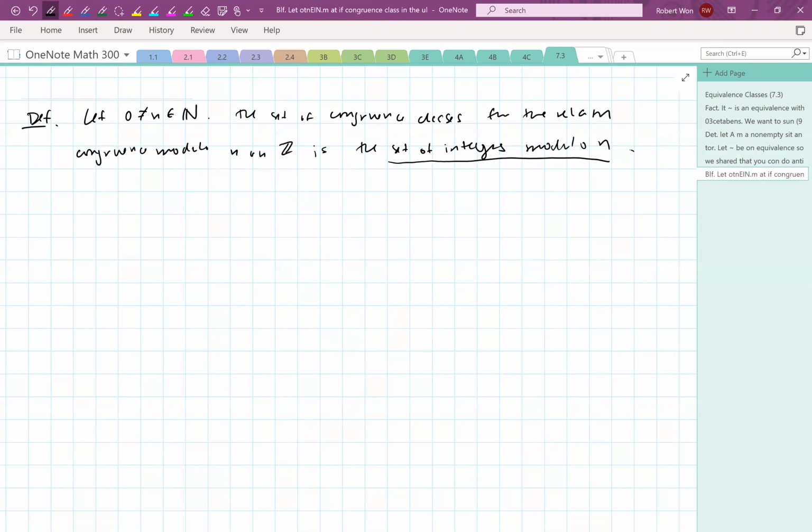If I look at the set of congruence classes, the set of equivalence classes, I call that the set of integers modulo n. And we denote this set by Z subscript n.